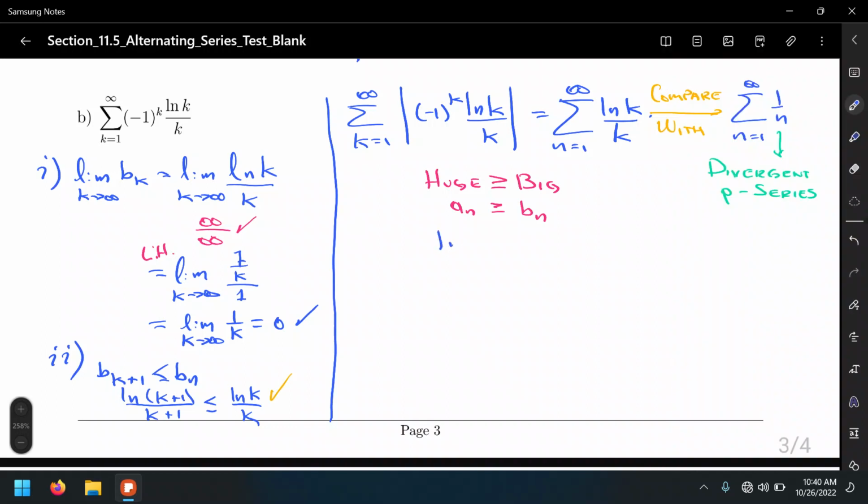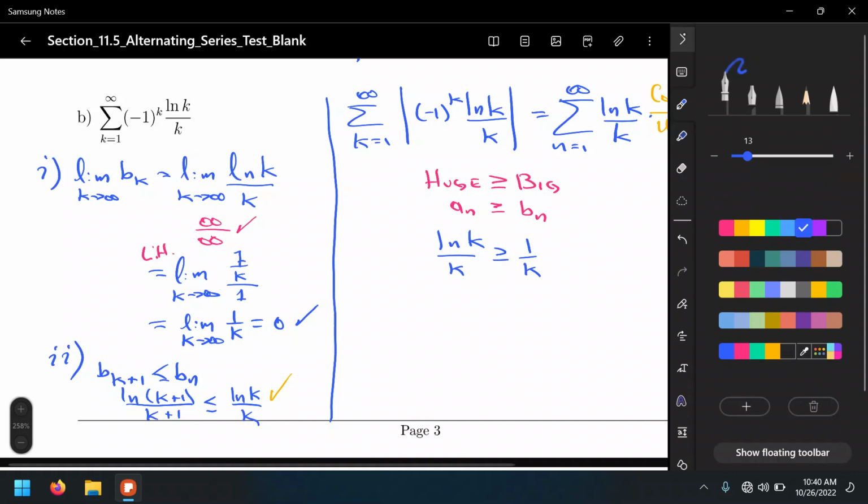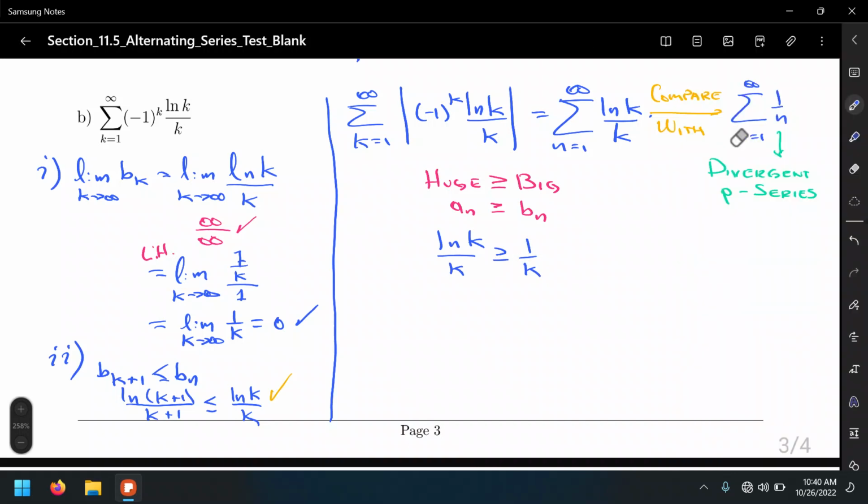So is ln of k over k greater than or equal to 1 over k? Actually, I should use k here. All right. Is that inequality true? Check the right-hand side of the inequality.